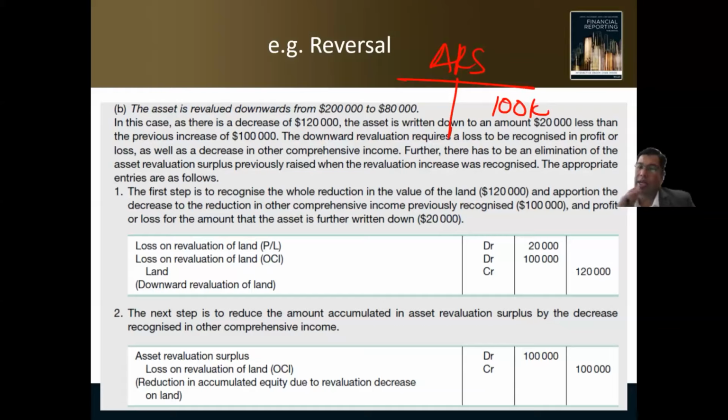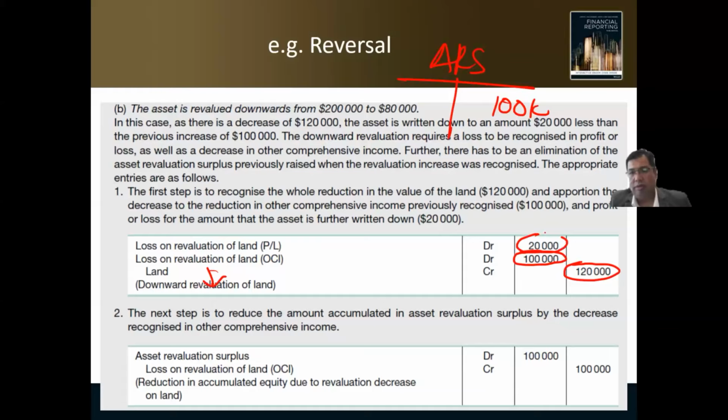So you're going to offset this account first. So land, I'm going to credit by 120. This is the loss in value of land. And the first component I'm going to do is offset to my OCI first. Maximum is 100,000. And the balance will go as loss on revaluation, straightaway to your profit and loss.